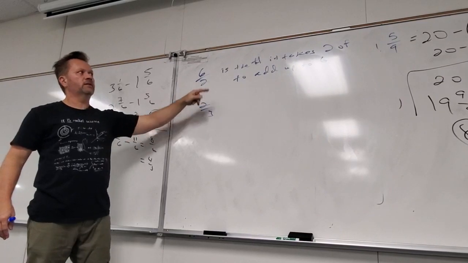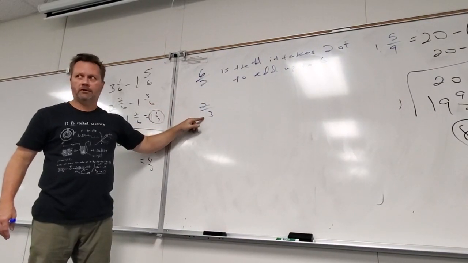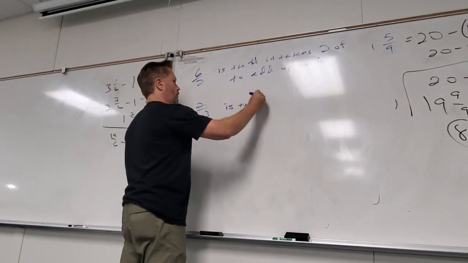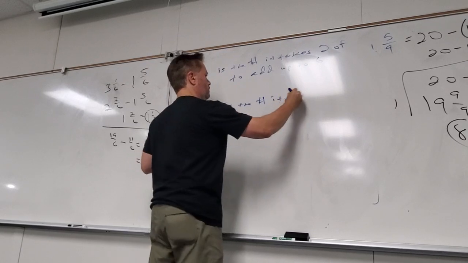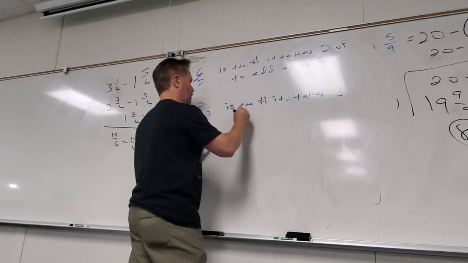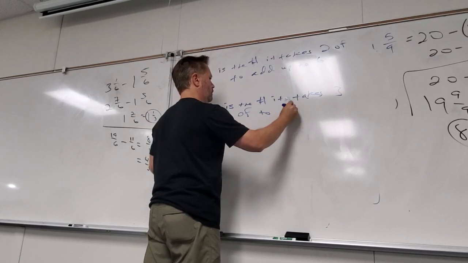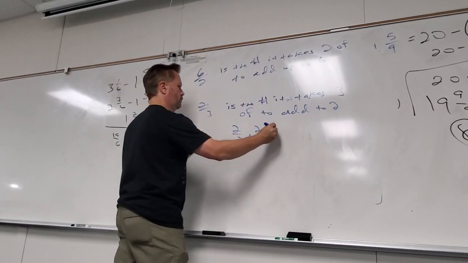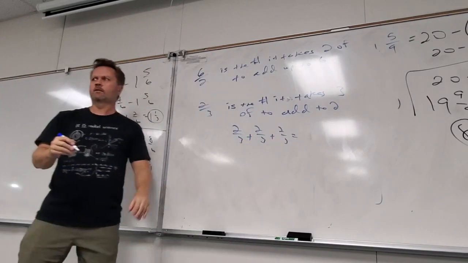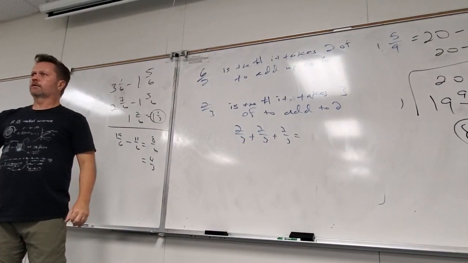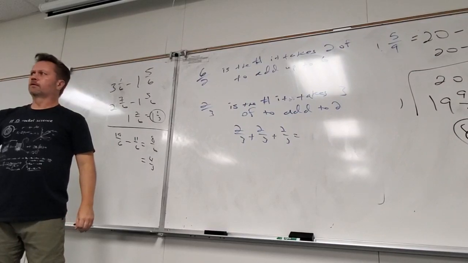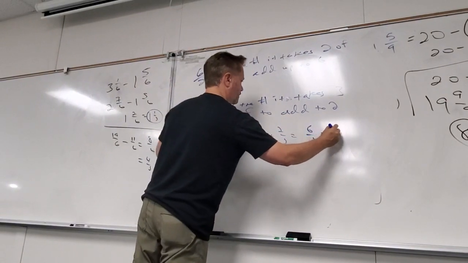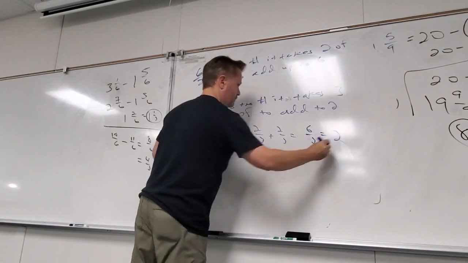So 2 divided by 3 is the number it takes 3 of to add up to be 2. Let's check it. If I take 3 of these, what's 2/3 plus 2/3 plus 2/3? 6/3. And what's 6 divided by 3? 2. Okay.